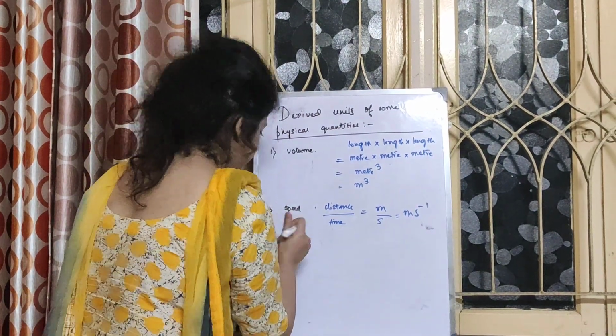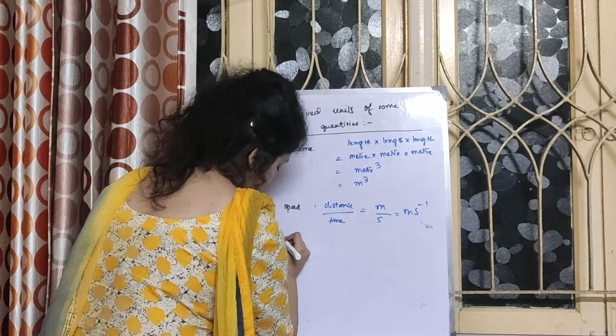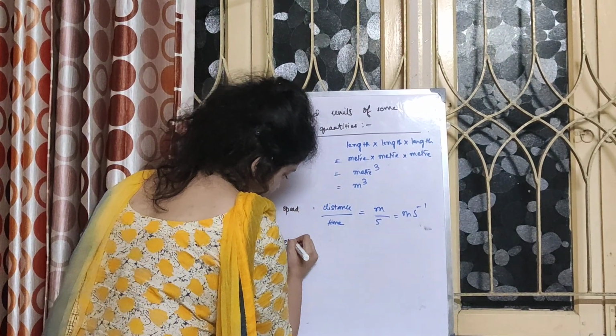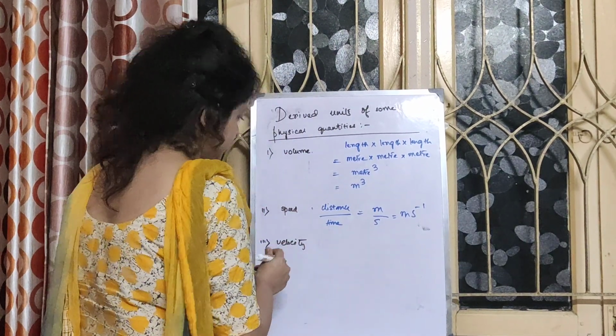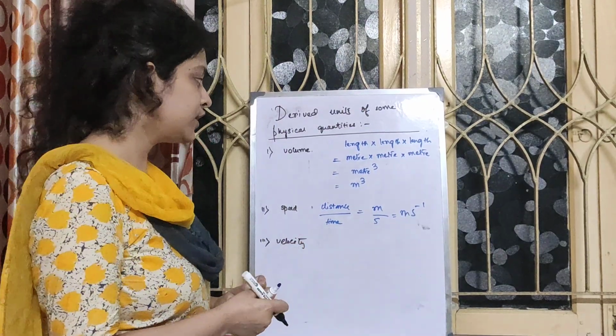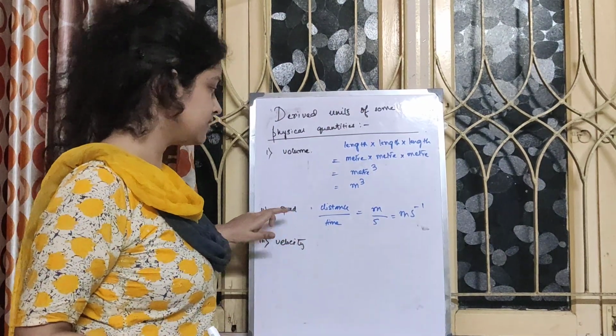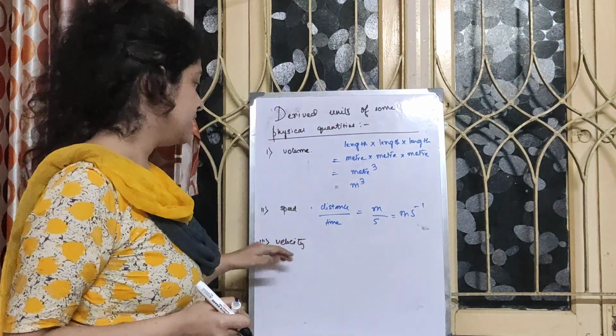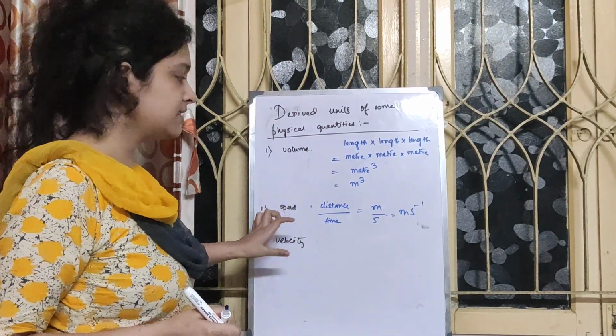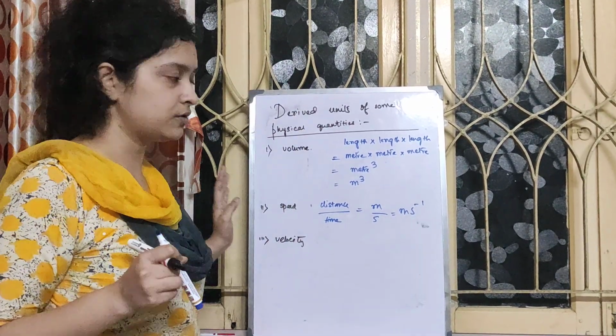Then for example, say velocity. Will velocity have a different unit from speed or the same? The unit will be the same. And what's the difference between speed and velocity? It's just that velocity has a direction associated with it.